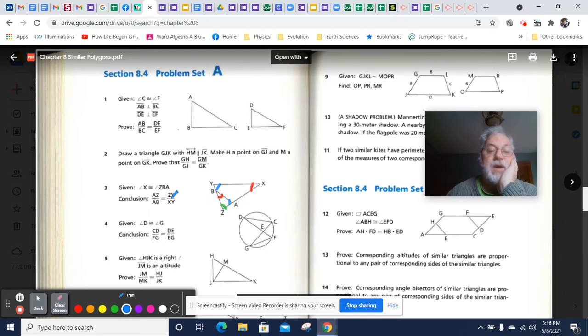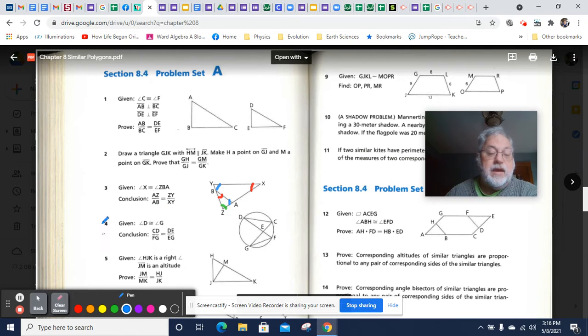ZY is between the blue and the green angle, and XY is between the blue and the red, so we have corresponding sides of these similar triangles. And so they will definitely make a proportion.